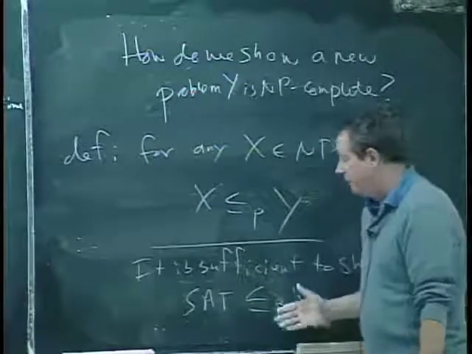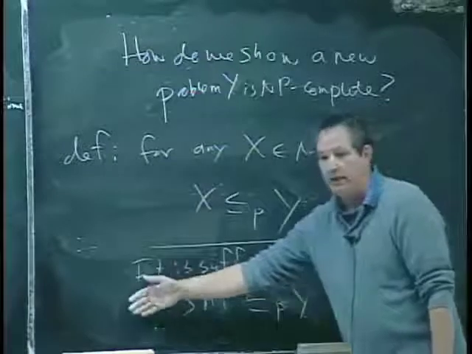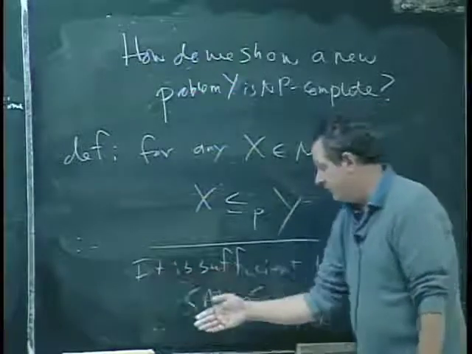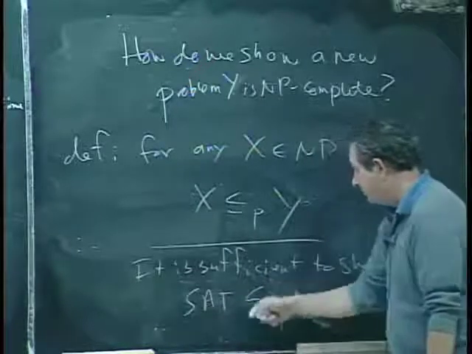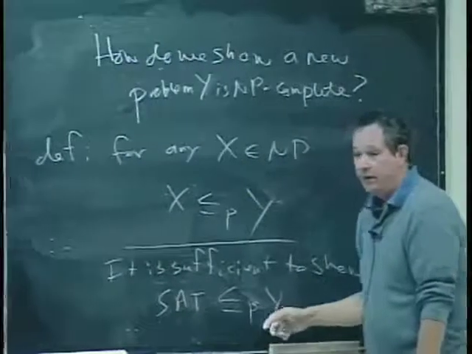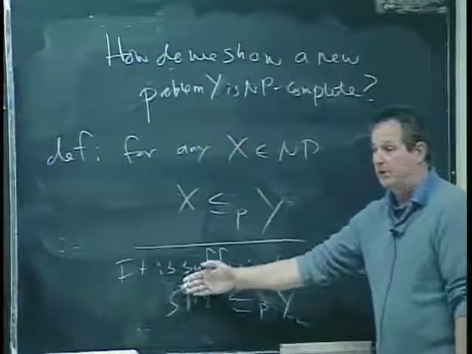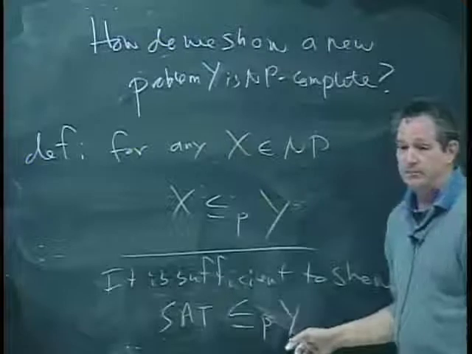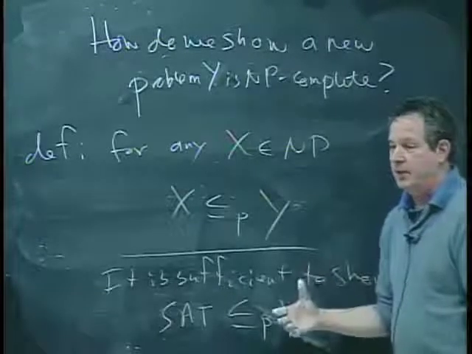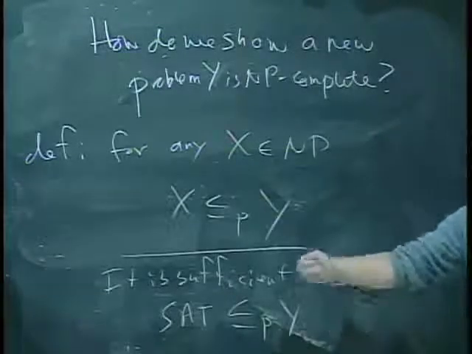And constructively, you can do it by taking any arbitrary problem in NP, reduce it to SAT, and SAT reduced by the specific reduction you just came up with to Y means that for any problem in NP, there's a specific reduction to Y. So this is how you prove new problems are NP-complete. It's just the chain letter business.